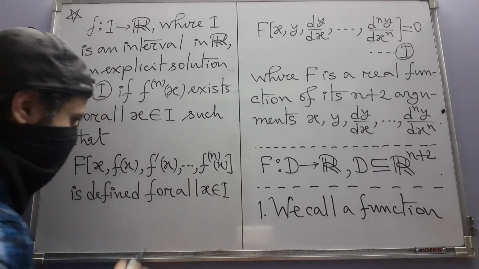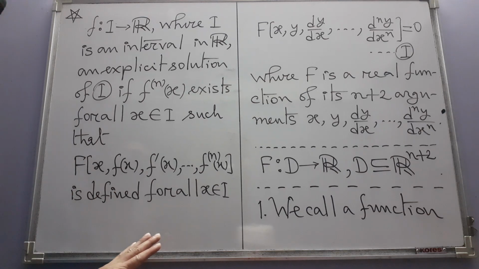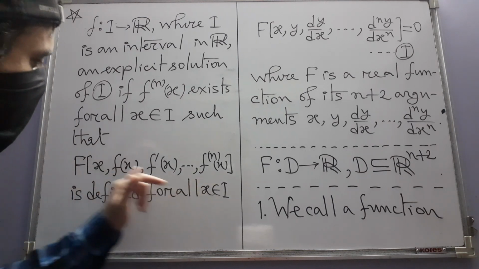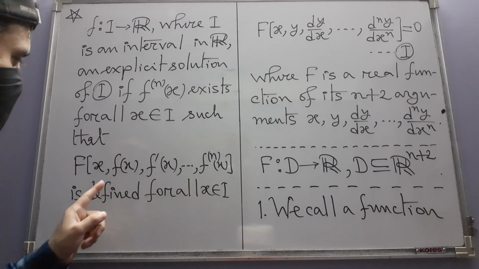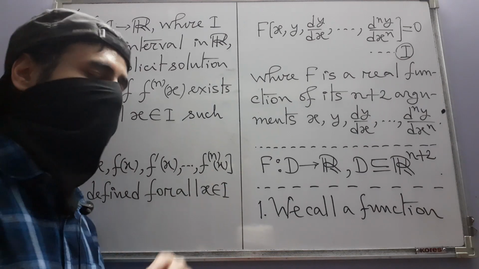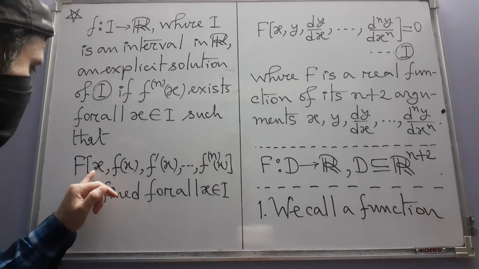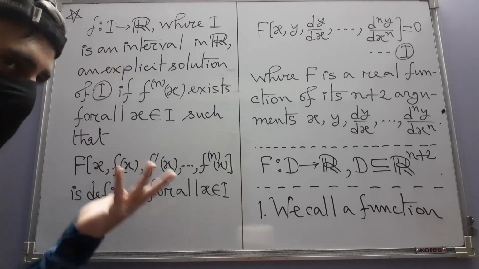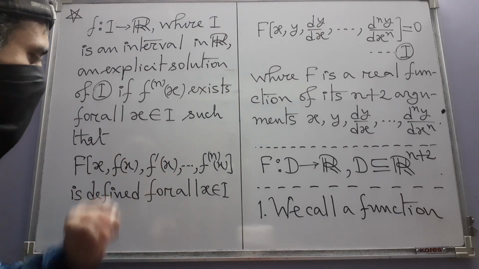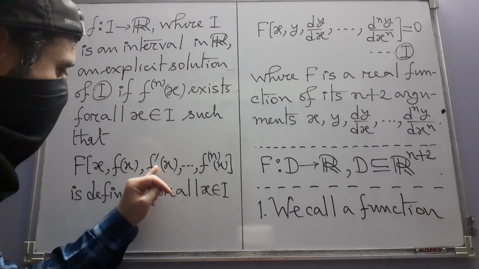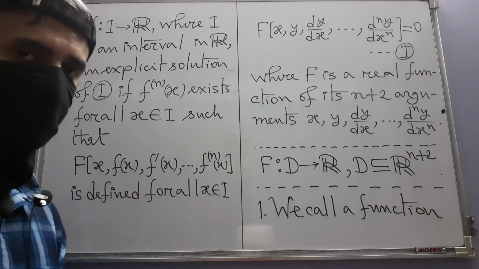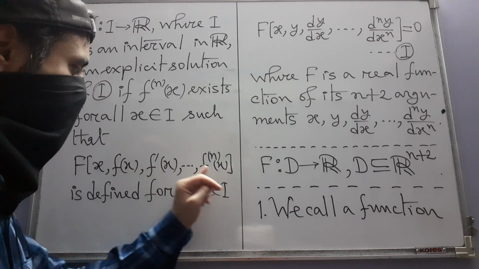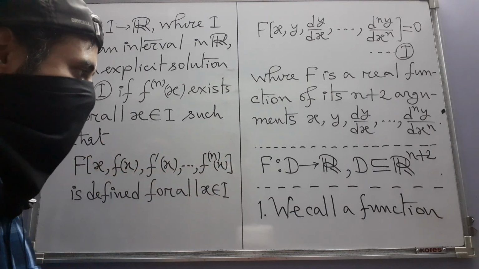such that what does it mean that this is defined? It means that say you choose some x from I, then x is one real number, f of x is another real number, the derivative of f at x is another real number. Like that you get n plus 2 real numbers.